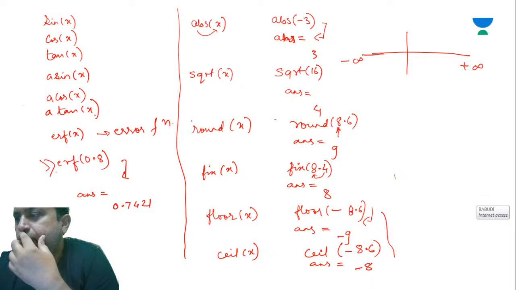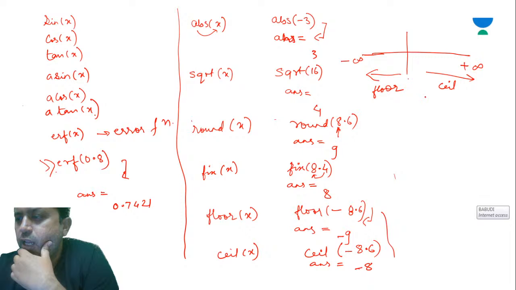Minus infinity to plus infinity. So from here you can say that the floor function rounds towards minus infinity, and the ceiling function rounds towards plus infinity.